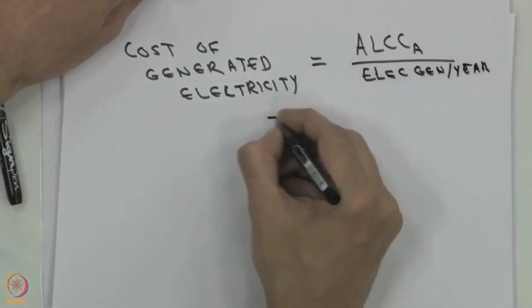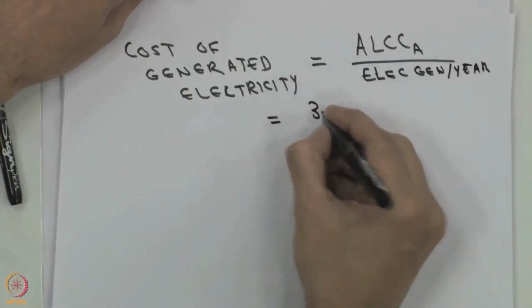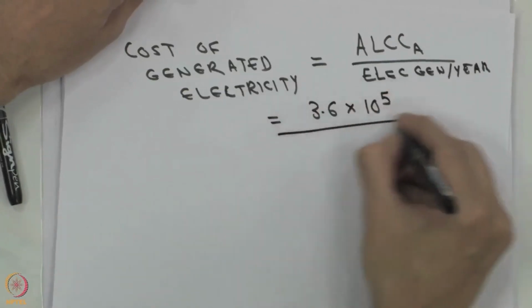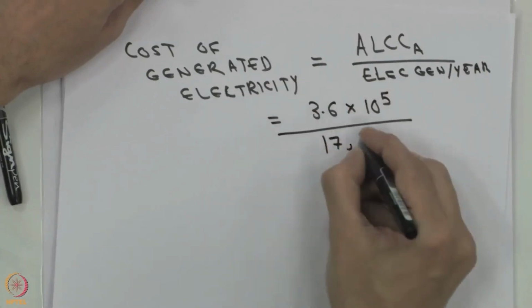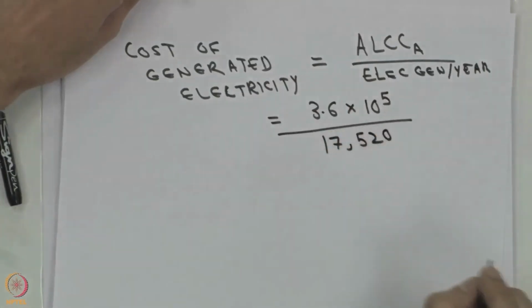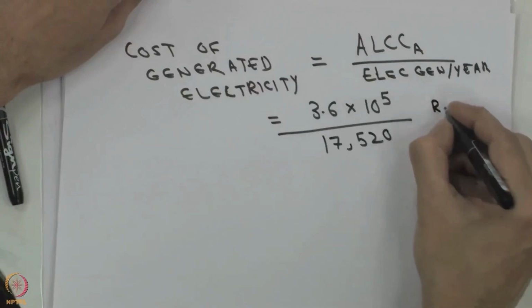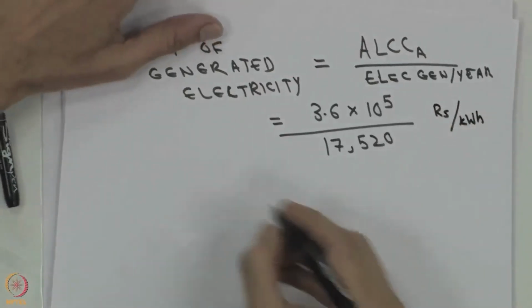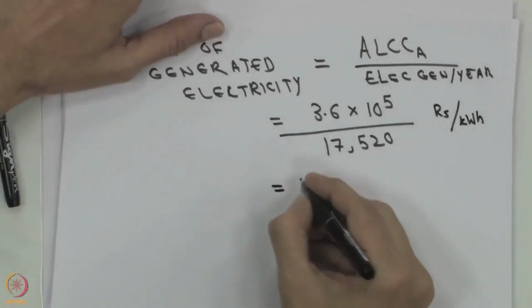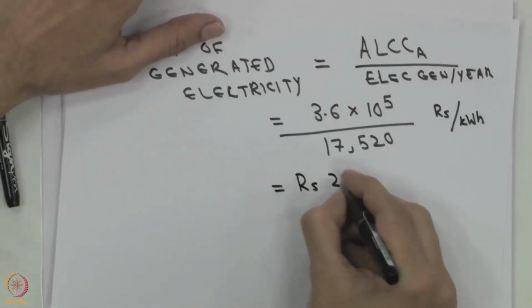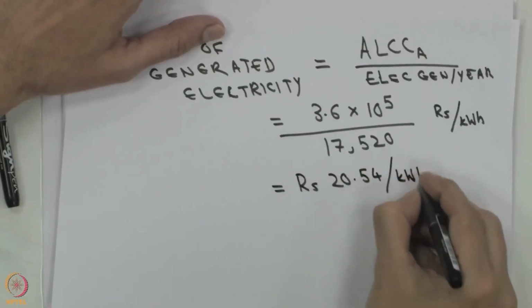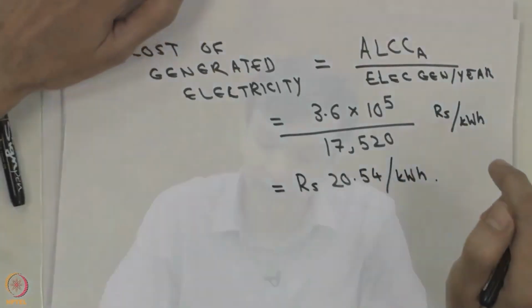So, this is going to be 3.6 into 10 raised to 5 divided by 17,520. And what will be the units? This is going to be rupees per kilowatt hour. When you calculate, you will find that this is rupees 20.54 per kilowatt hour. This is the cost that we are getting for generating electricity from diesel.